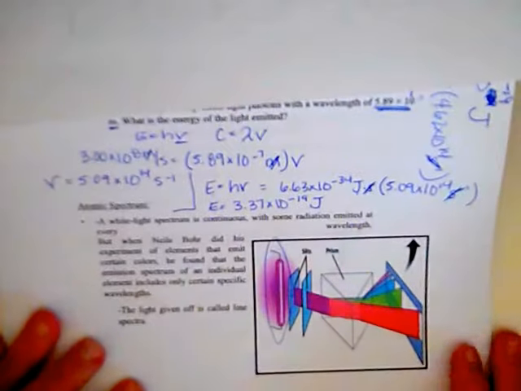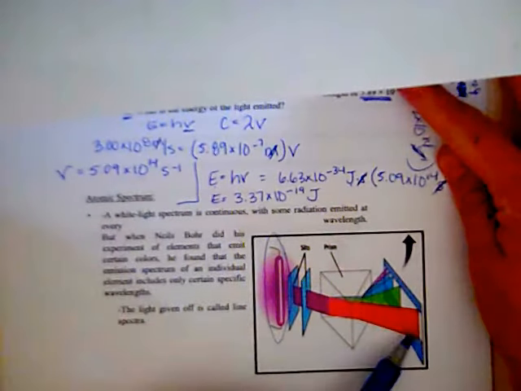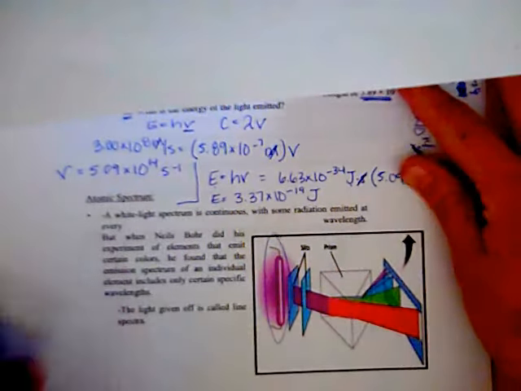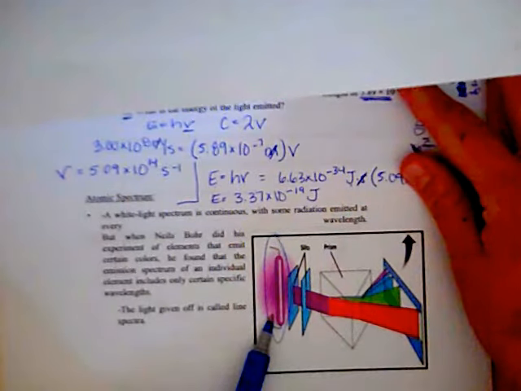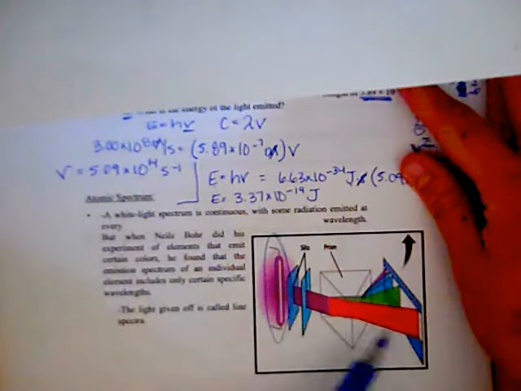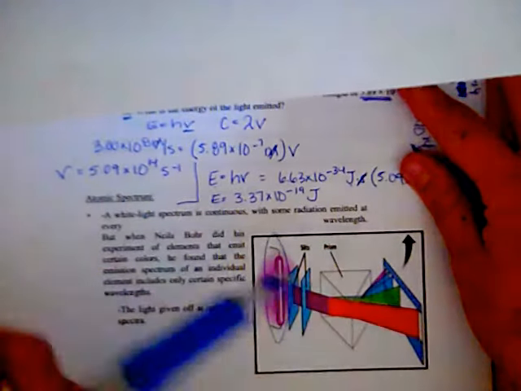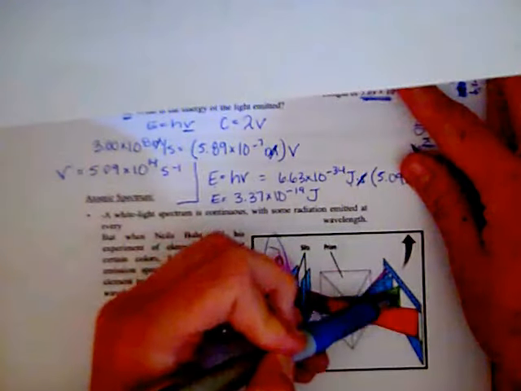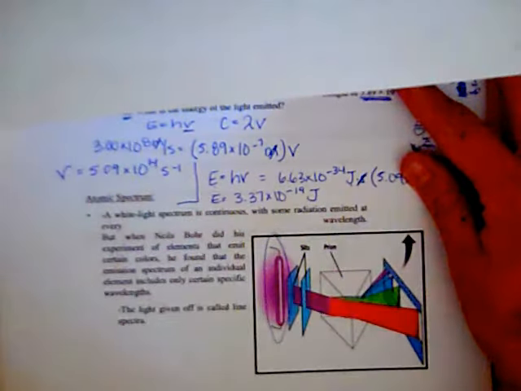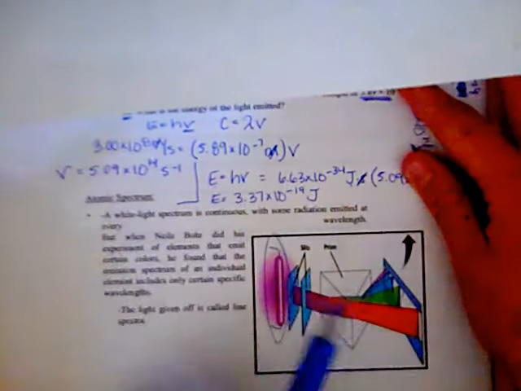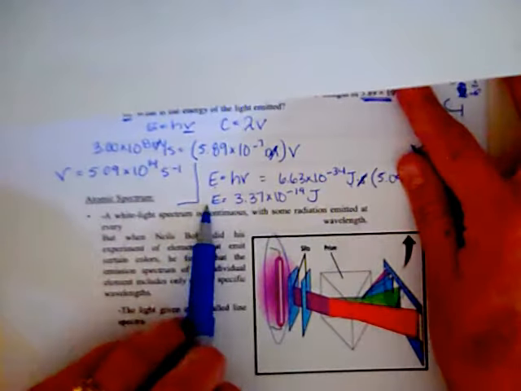Now when you shine white light through a prism, it's this nice, beautiful, continuous rainbow. But what happens when you shine just one single element through a prism is you don't get this continuous rainbow. Instead, you get very discrete colors at very discrete wavelengths, which means these discrete wavelengths correspond to a discrete energy.